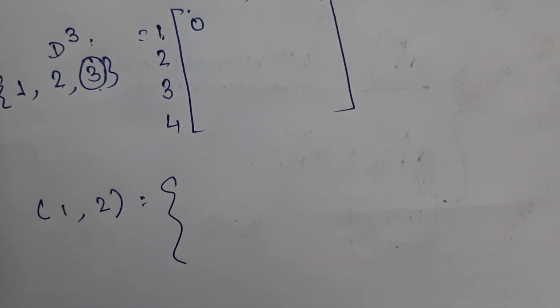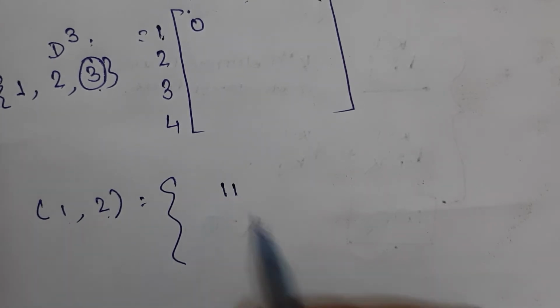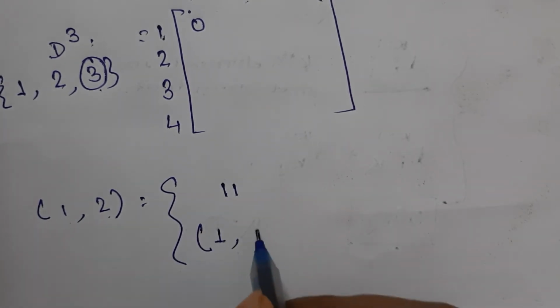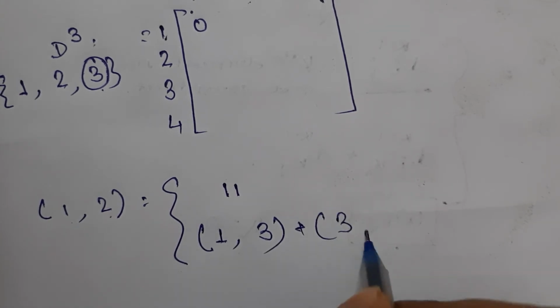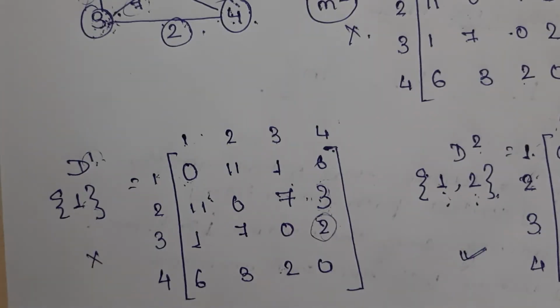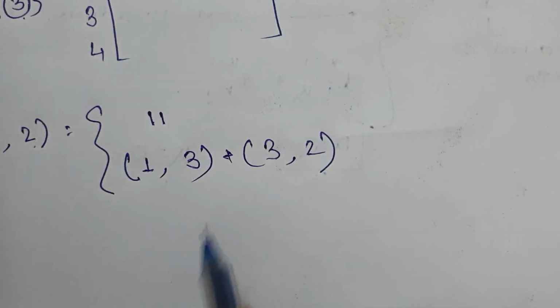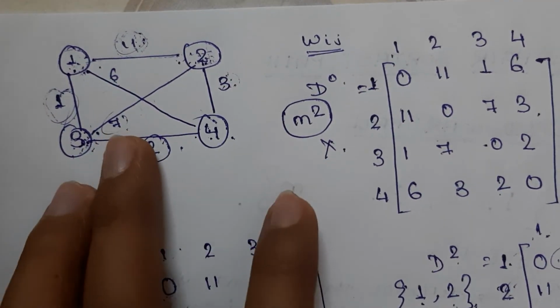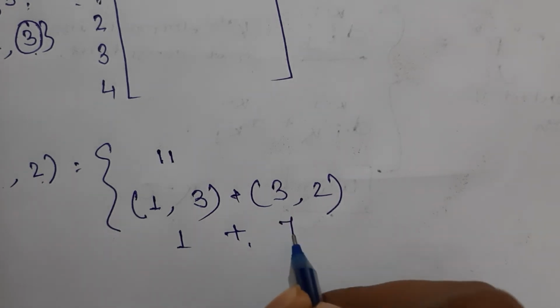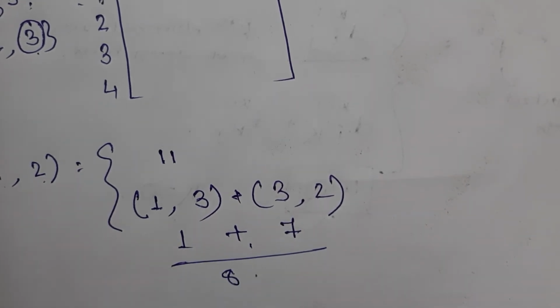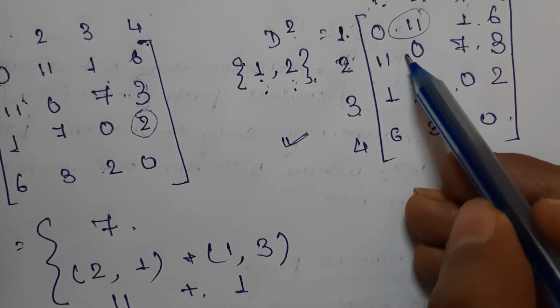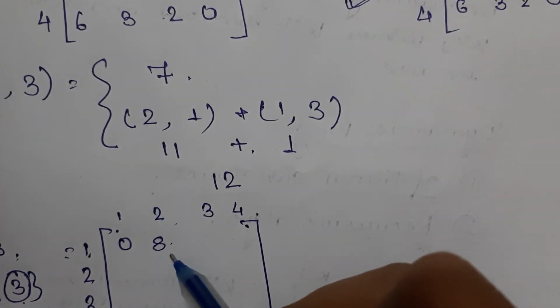Passing through 3 means 1 to 3 and then 3 to 2. 1 to 3 was 1, so the weight will be 1 plus 3 to 2, which was 7. So the total weight comes as 8. Which one is the minimum among the two? 8. So 8 will be here. See, there is a change from the previous matrix to this matrix.